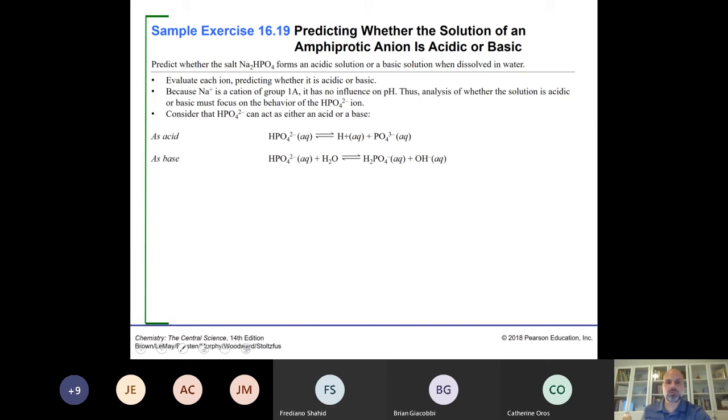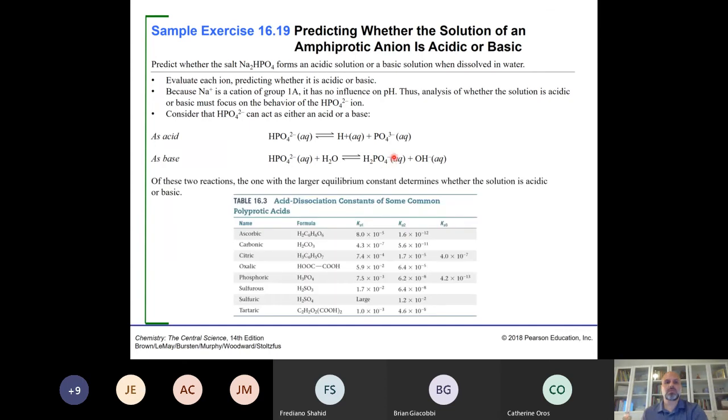We had our acid equation, and from it we were able to simply look up the Ka from the table, and then for the base equation, we needed to calculate the Kb. We had the table down below.